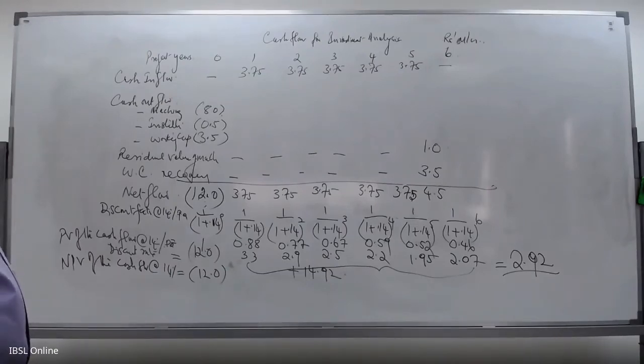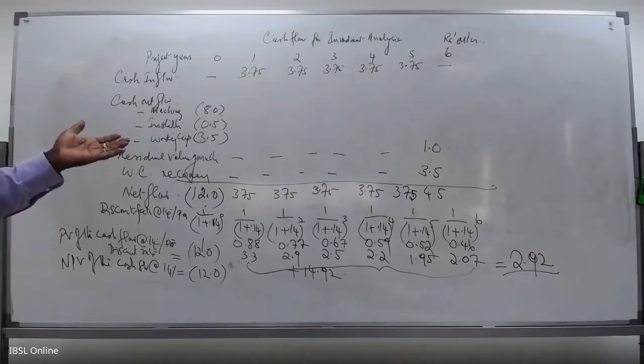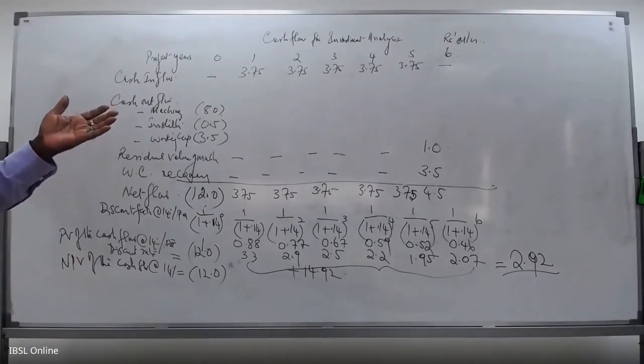Okay. What is the IRR for this investment? What do we have to do? We have to calculate the NPV at different discounting rates, different interest rates.